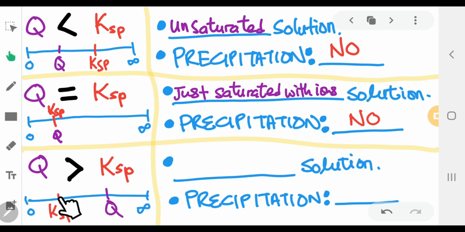Remember, Ksp is the equilibrium constant. You have the word constant, so it will stay there. The one that will need to move is your Q. And in order for the reaction to make Q equal Ksp, it tends to move to the left side.